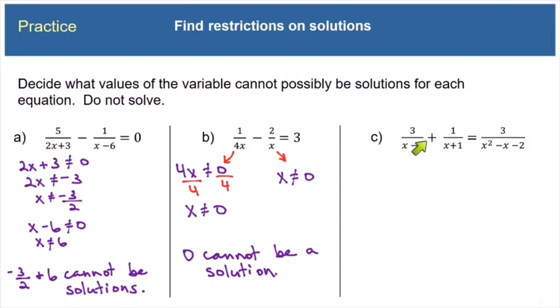Now let's look at part C. This equation is a little different from the two that came before because this one has a trinomial in the denominator. And we cannot let x be anything that would cause any of these denominators to equal 0, so we'll have to factor this and see what would cause this denominator to equal 0.